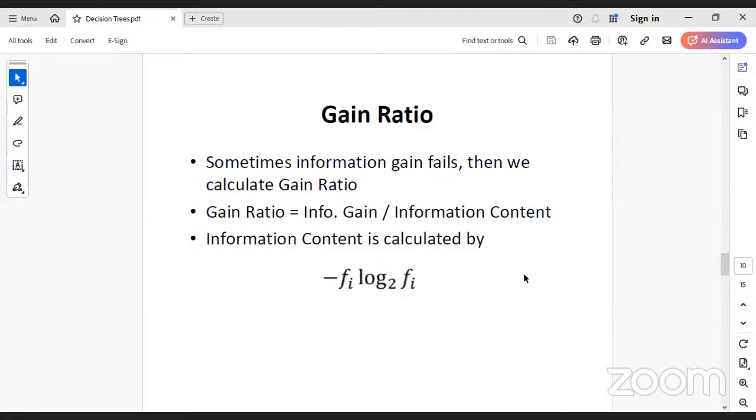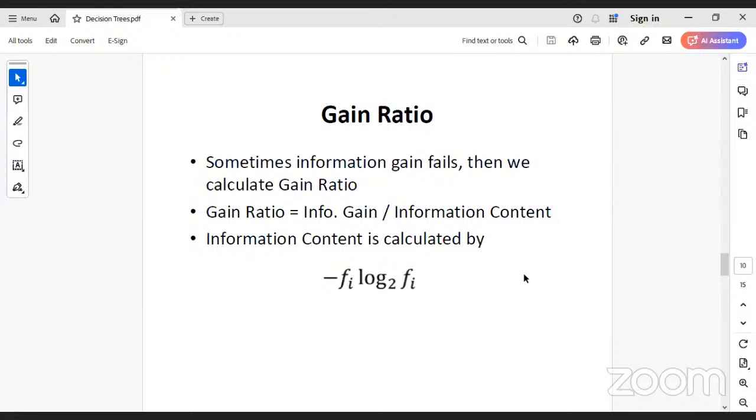Henceforth, all the decision tree algorithms carry the new concept of gain ratio, which is information gain divided by information content. Whichever attribute has the highest gain ratio value, that attribute will be the root node.